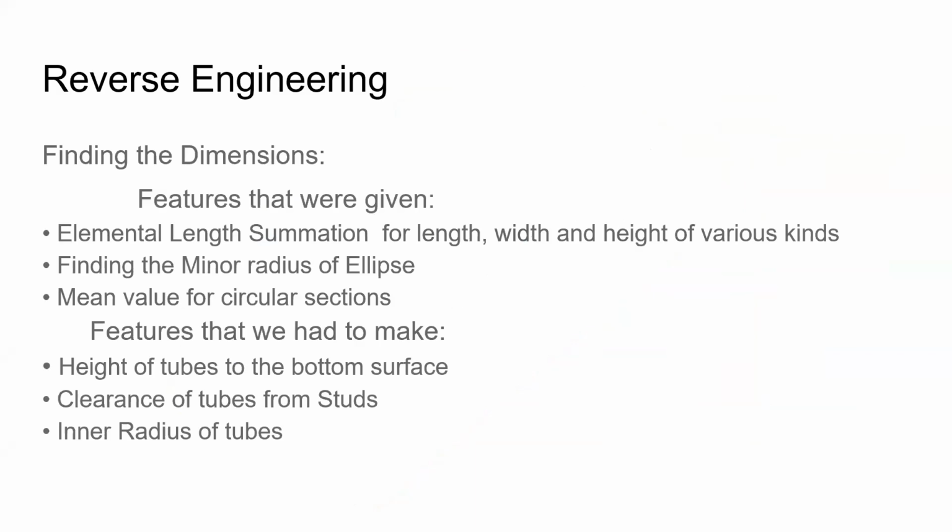And because we were expecting a slight error in that method, we also took a mean value method to identify the radius of the deformed ellipse. The mean value was identified with the same reference plane that we used to find the minor axis length of the ellipse.